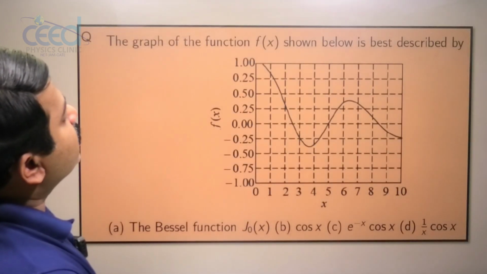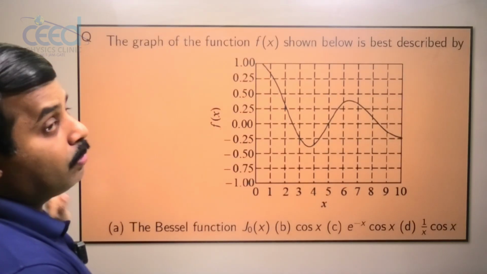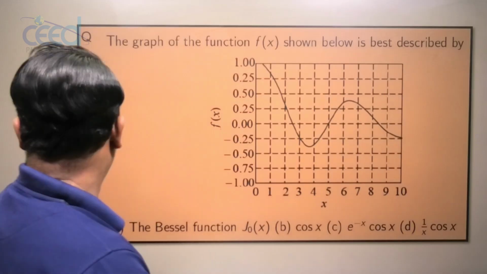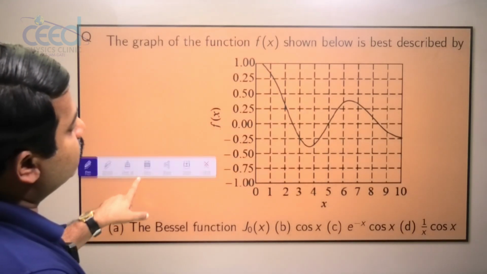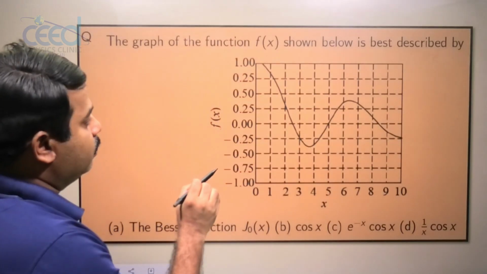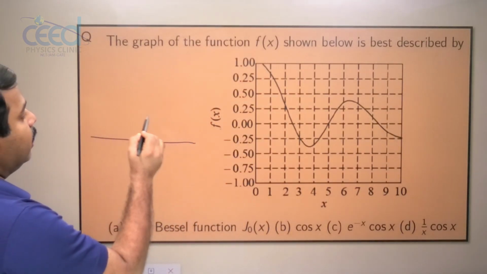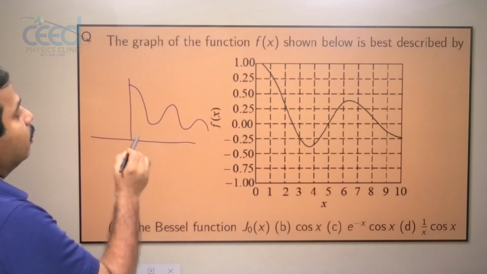the graph of the function f of x shown below is best described by. So look here, see, this graph we have already discussed. This is a graph of part of which curve?